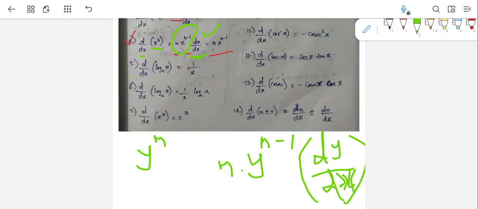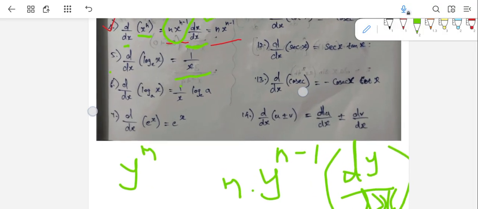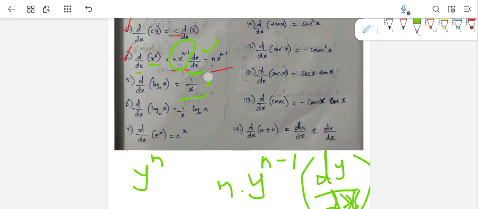So log x only, its base is e, not 10. You should be very careful. Log x to the base e, not 10. You can say ln x also. Its differentiation is nothing but 1 by x. Even here you need to write dx by dx, guys.